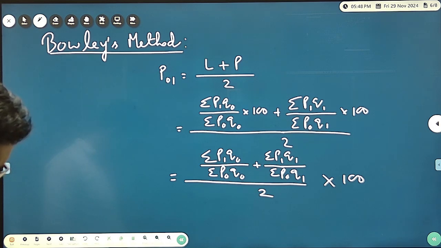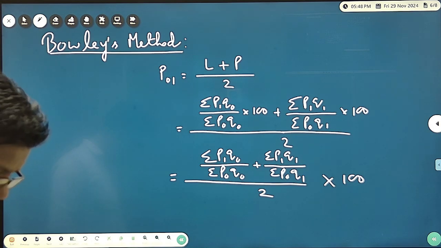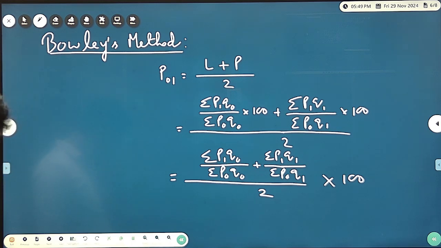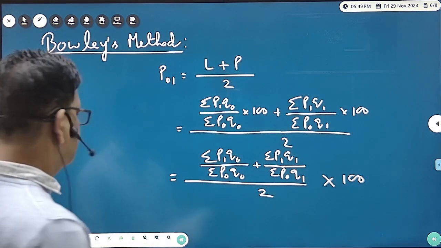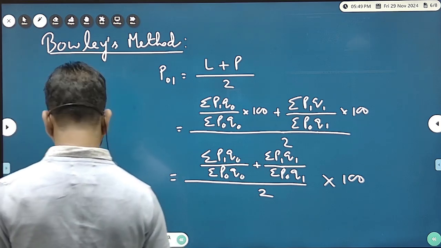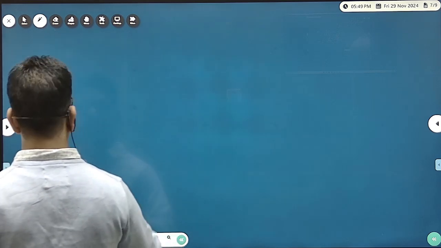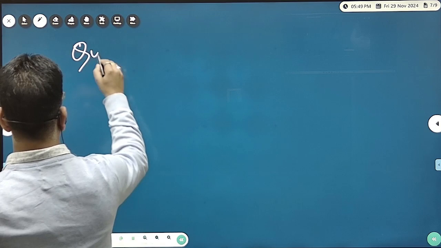Now look at the page number, because now it will be a similar thing, so I don't have to repeat it here. If you see page number 426 in your textbook, just now we have completed price index. Now we are going to start quantity index, which is 95% similar to this by formula.